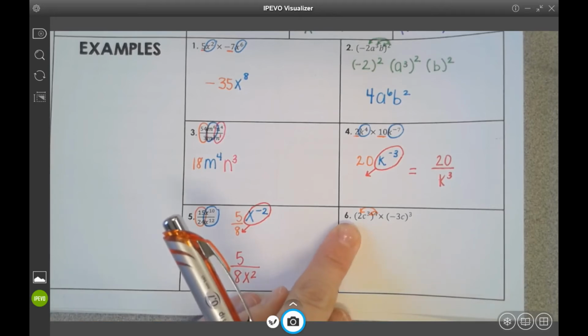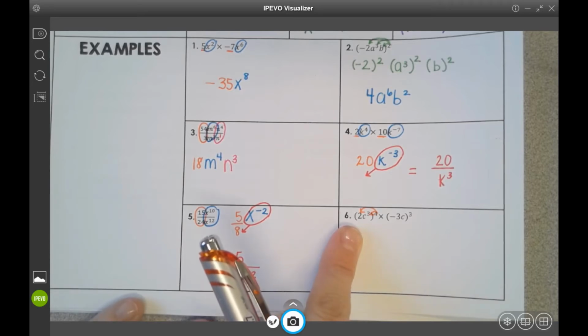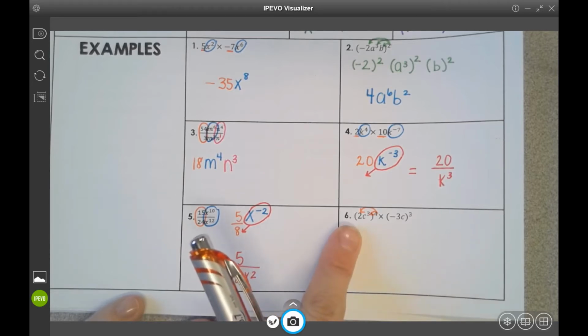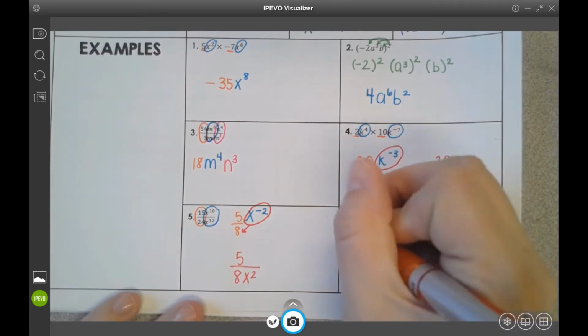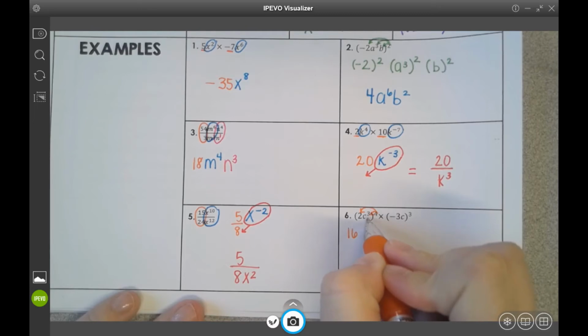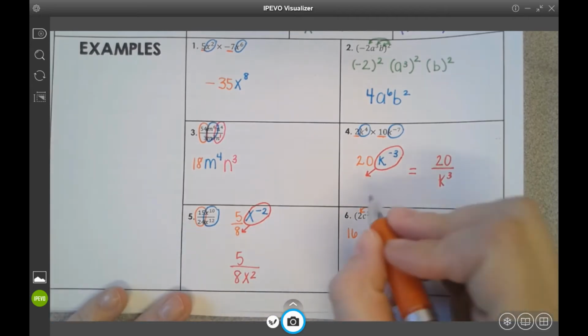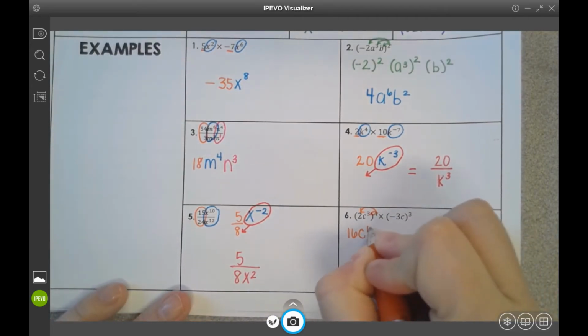So first off, what is 2 to the 4th power? Use your calculator. 2 to the 4th power is 16. And then c cubed to the 4th power. That's the power rule, and we multiply the exponents. So c to the 12th.